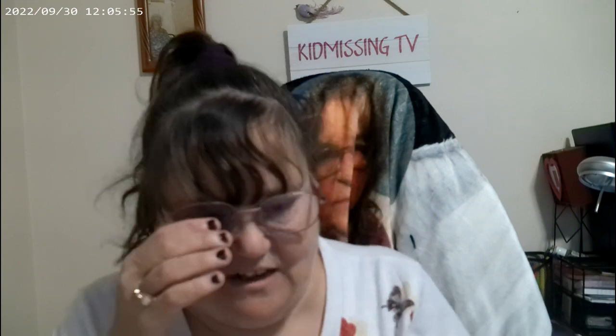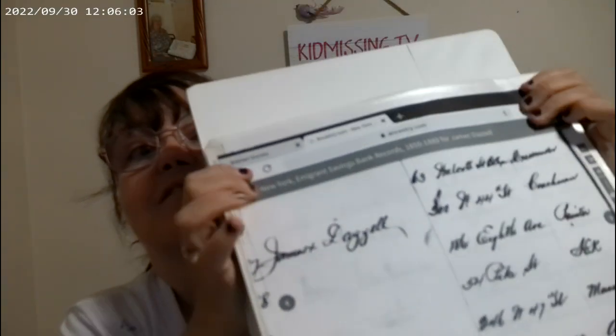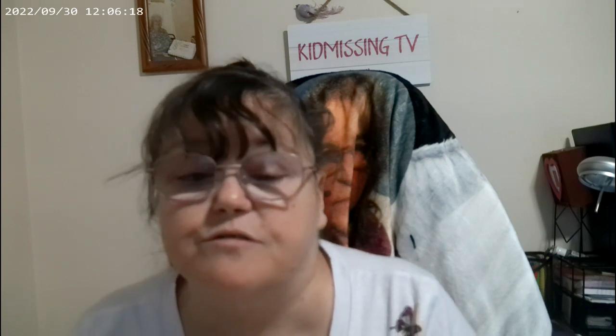We both thought it was really neat to keep. And the handwriting is exquisite. That's him, right? But the handwriting in this particular record is exquisite.